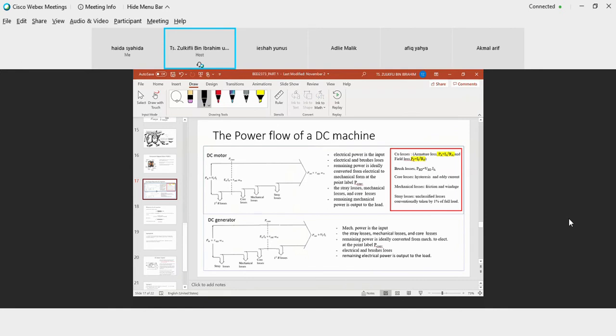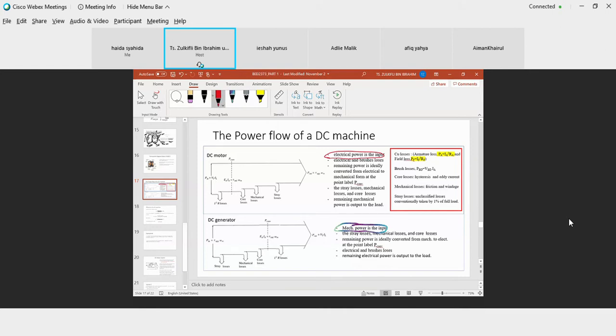Okay, so this is the power flow of the DC machine. So there's a difference between a DC motor and a generator, whereby for the DC motor, the electrical power is the input. For the DC generator, mechanical power is the input.